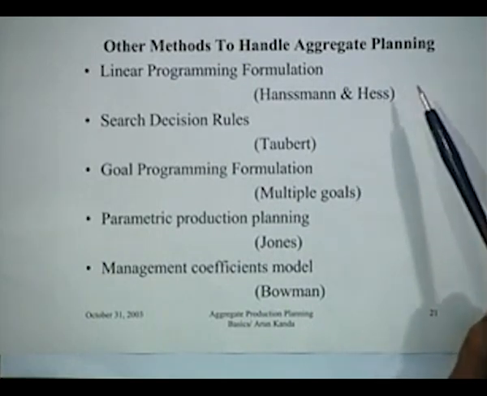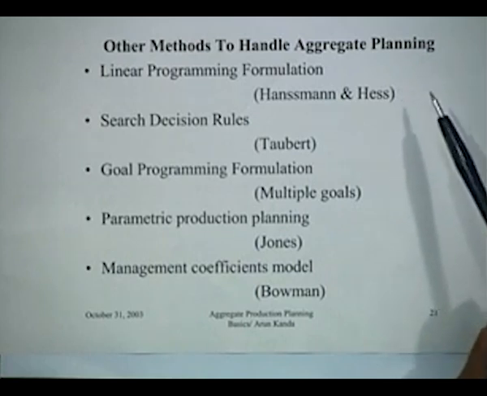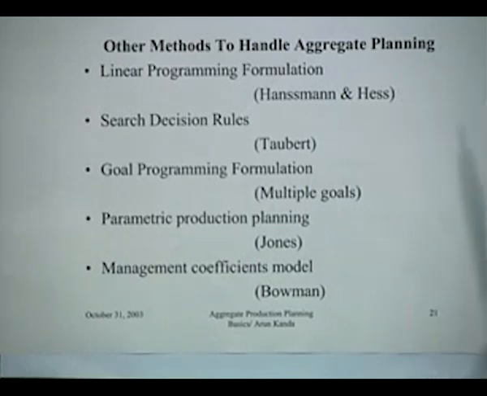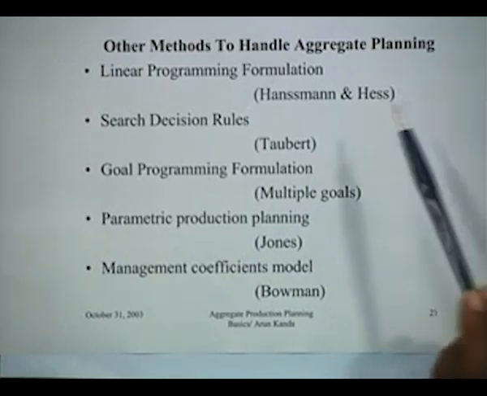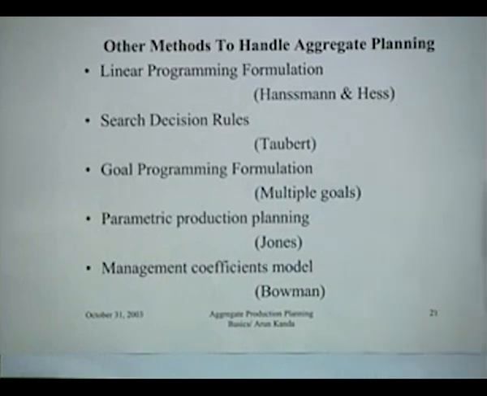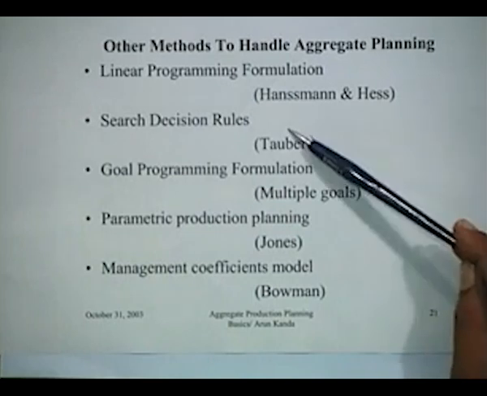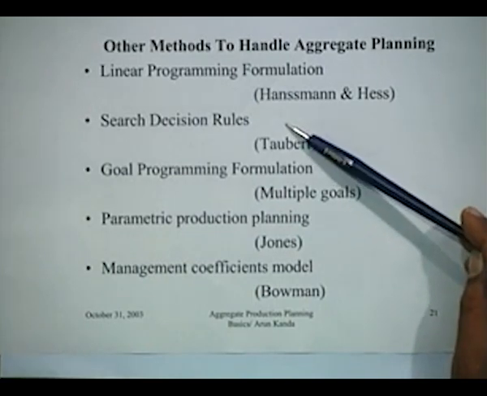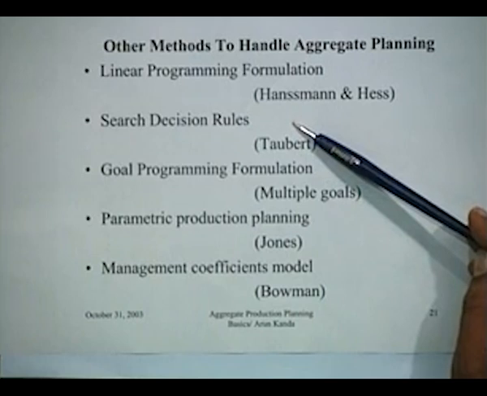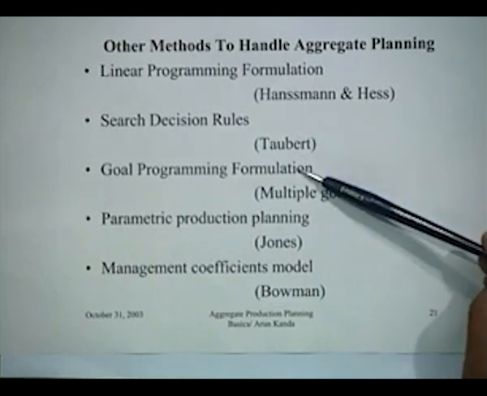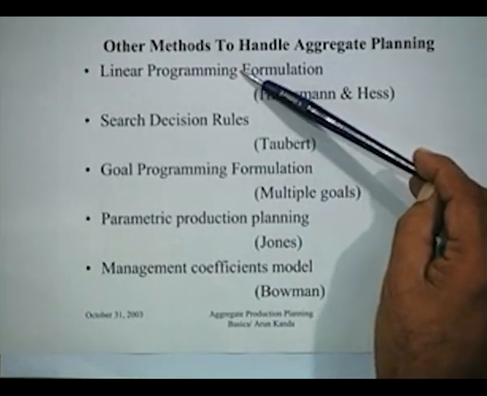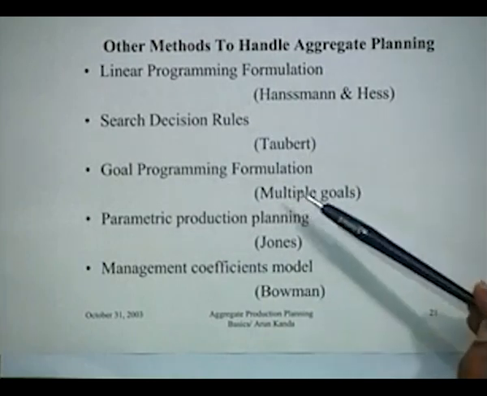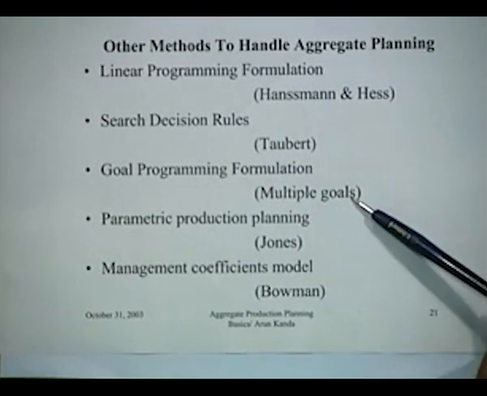It's like rule 1 times alpha plus rule 2 times 1 minus alpha, and you search for the value of alpha that gives an appropriate solution. These have not become very popular in aggregate production planning. Goal programming formulation is an extension of linear programming, and it is useful when you are dealing with multiple goals.